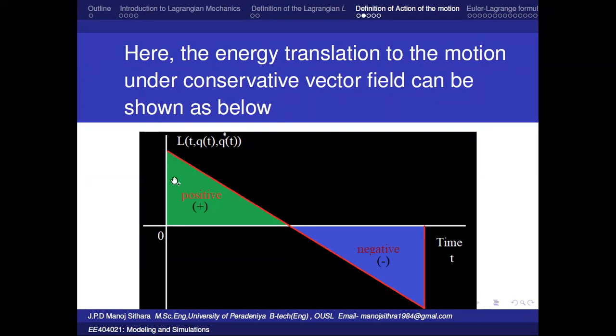And here we can observe that for every motion under the conservative vector field, kind of a force field, every Lagrangian will go positive to negative or negative to positive.